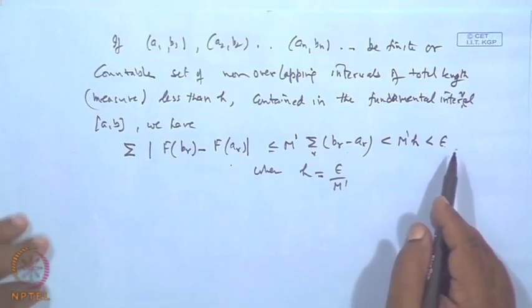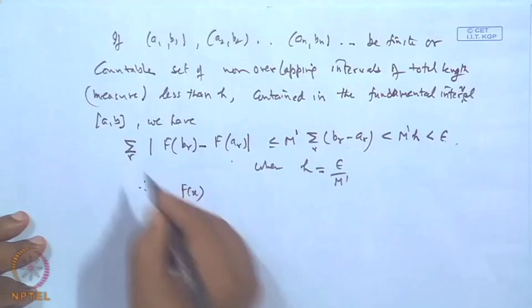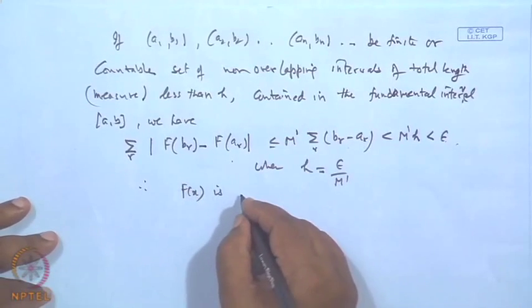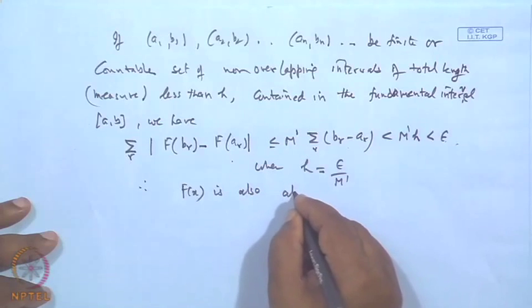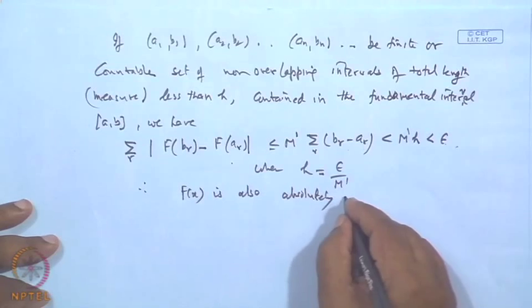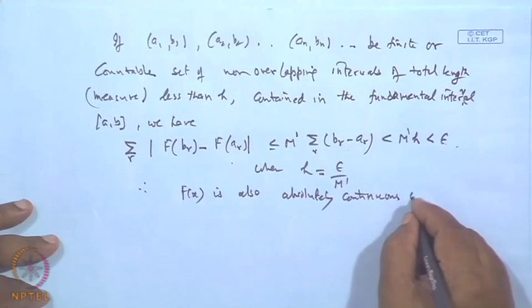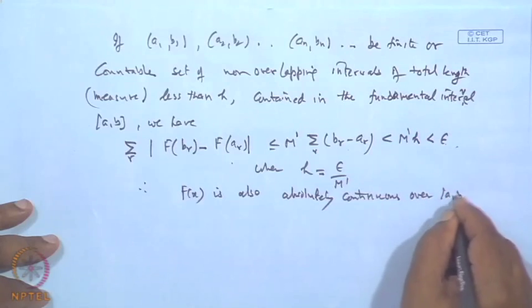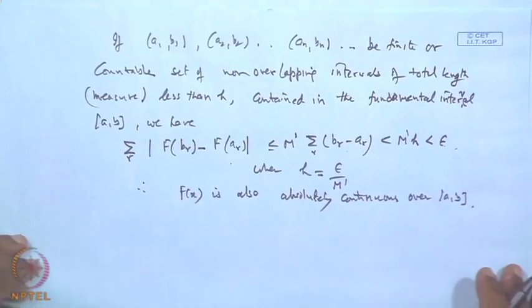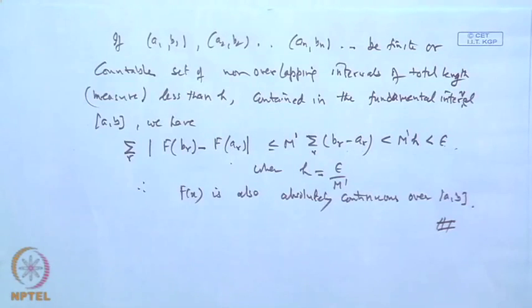So, this shows that the function F(x) is also an absolutely continuous function over the interval [a, b]. Okay. So, here we will stop, and next time we will continue with the same.